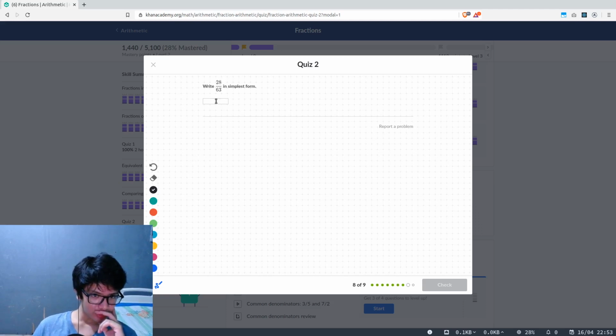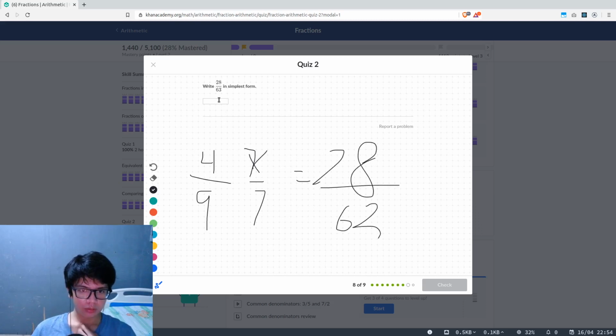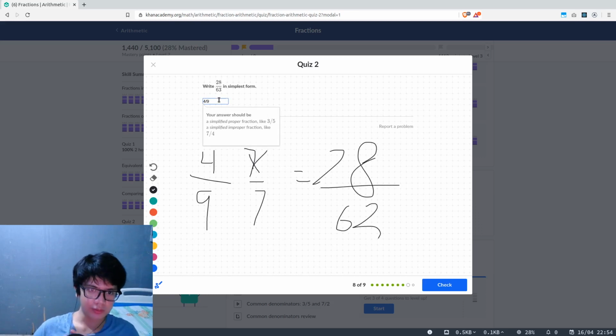It seems this is divisible by 7. So we have 4 and 9, right? Because times 7, we had 28 and 63. So 4 and 9 seems in simplest form. Yeah.